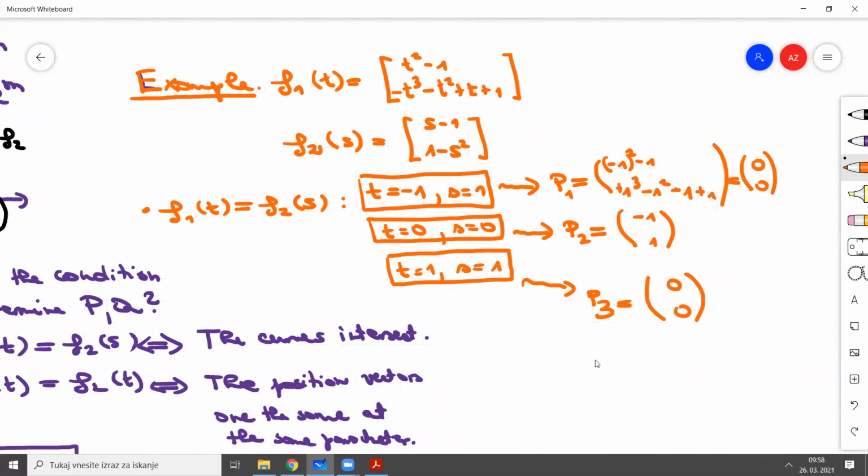So how to interpret those results? The curves intersect in 3 points: in the point 0, 0, which is a double intersection, and then in the point minus 1, 1. If this represents the motion of 2 different cars, then those cars do not crash at times minus 1 and 1. But in the other 2 points, they really crash, because this happens at the same time.